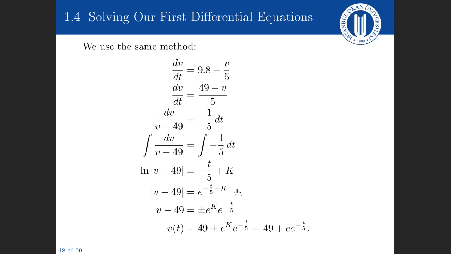Take the exponential function of both sides. We can remove the absolute value signs as long as we add in a plus or minus somewhere. And then instead of this unknown number, plus or minus e to the power k, we can give this a new name. We can call this small c. We have the solution v is equal to 49 plus c e to the power minus t over 5.